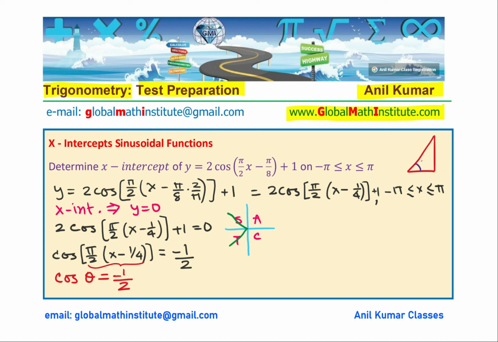So we know if this angle is π/3 for us, in that case we have cos as half, right? Makes sense? Special triangle. So we know that θ is equal to, now these two angles, 2π/3 and 4π/3, right?